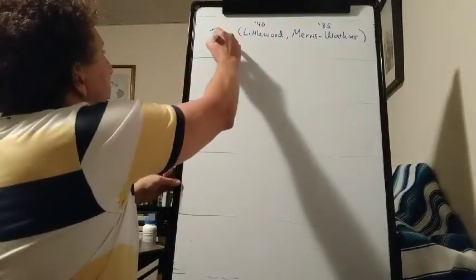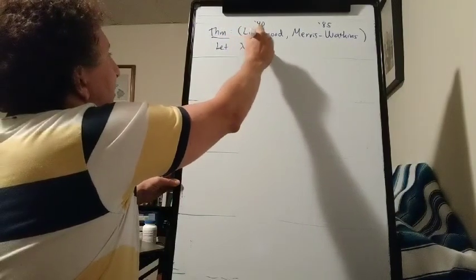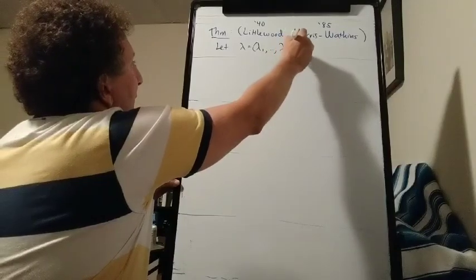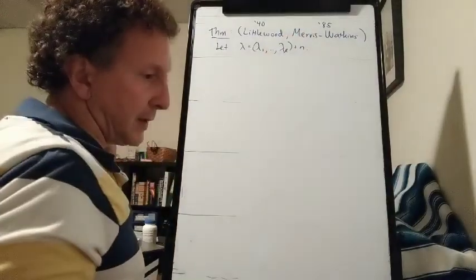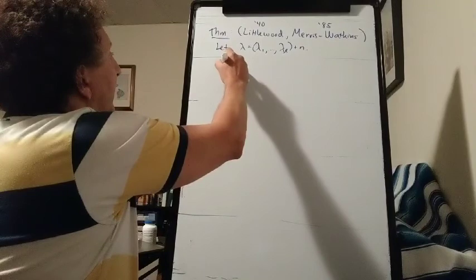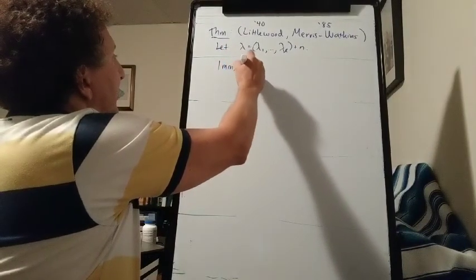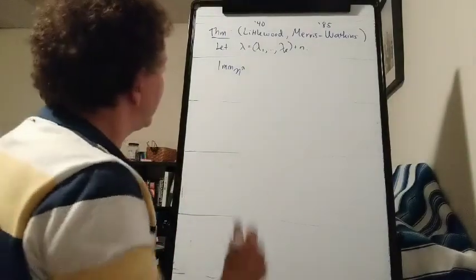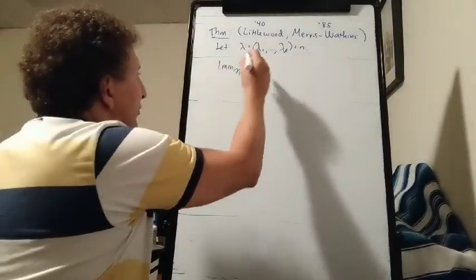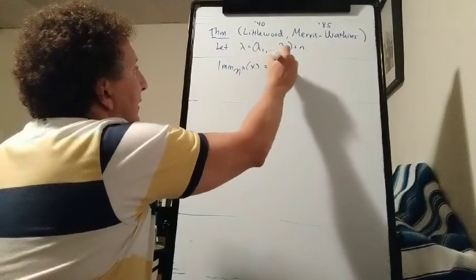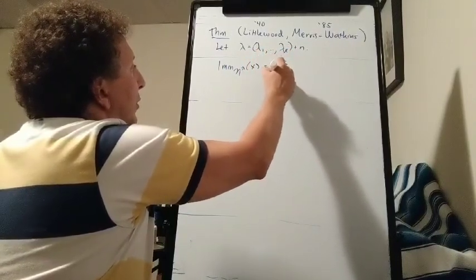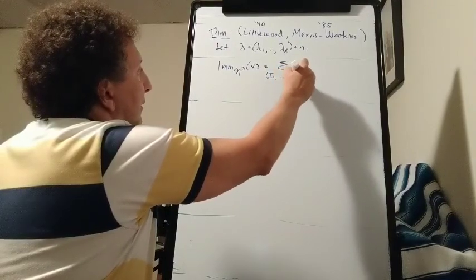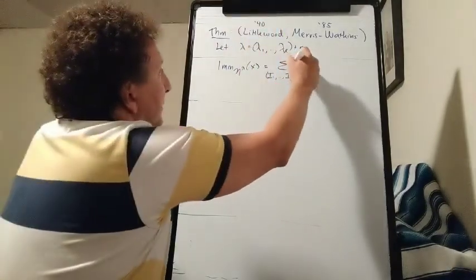So let's let lambda be a partition. Let's say it has L parts. Then the generating function for the induced trivial character is a sum over all ordered set partitions of type lambda.